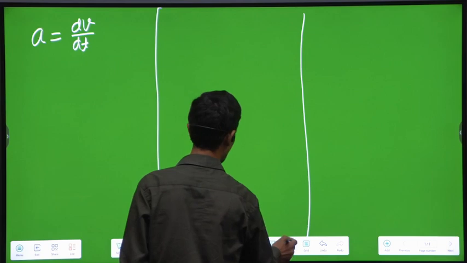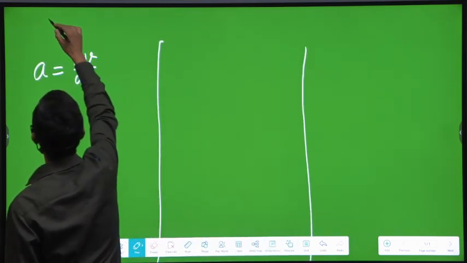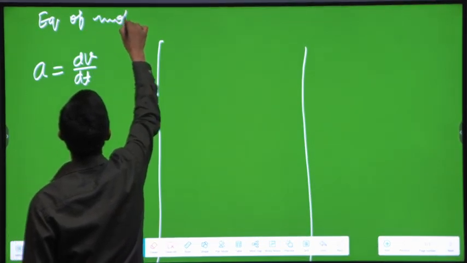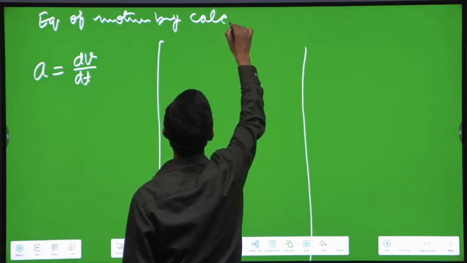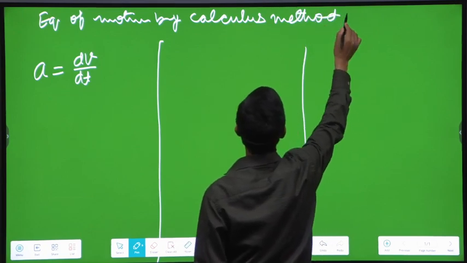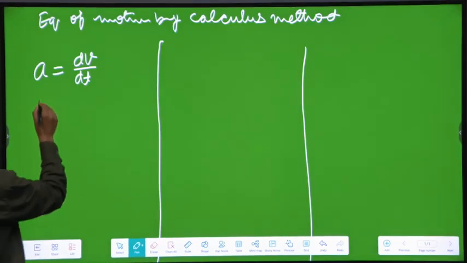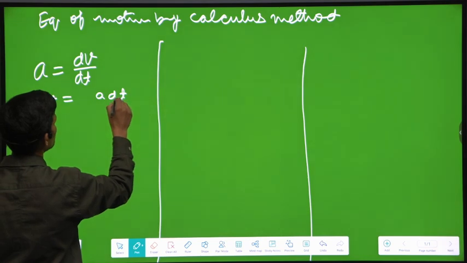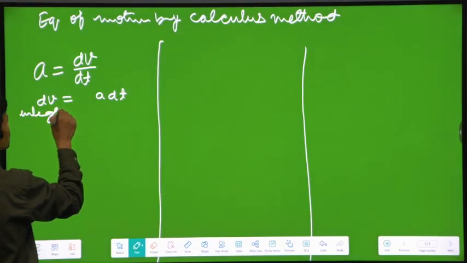Now derivation mode is for calculus, equation of motion by calculus method. Alright, so a equal to dv by dt. If we cross multiply it, then dv is equal to a dt. And then we will integrate.